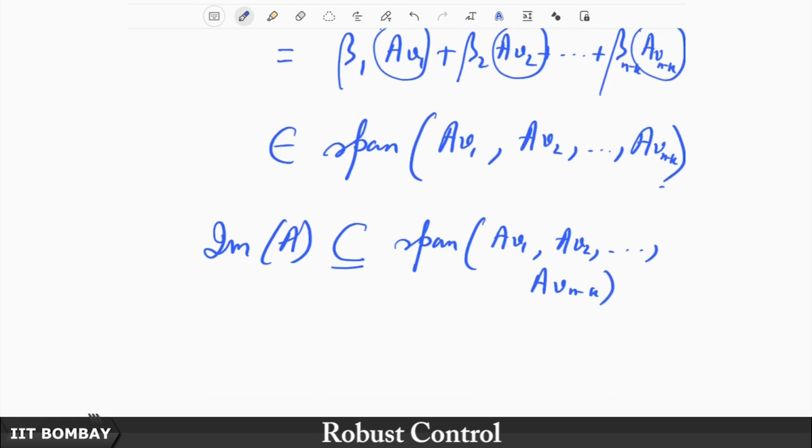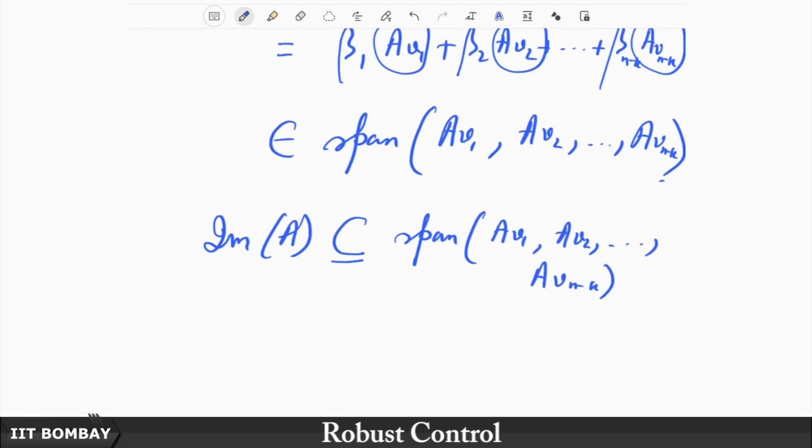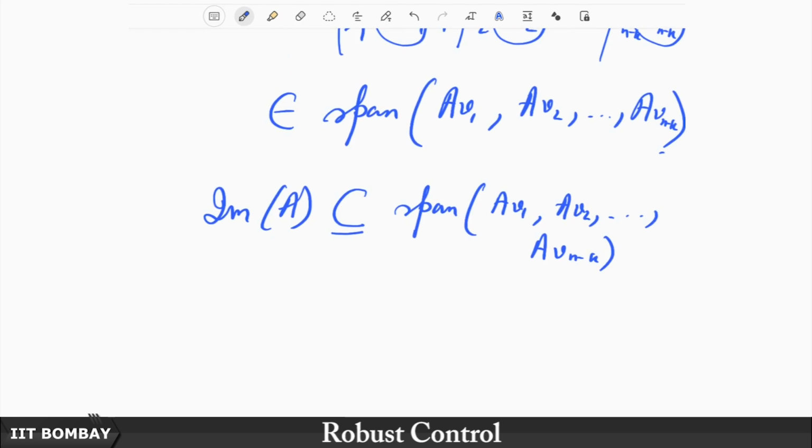Now remember, the span is a vector space. So how many vectors does this contain? It contains n minus k vectors. Now the dimension of this vector space will be exactly equal to n minus k when each and every one of these is not redundant to this set. That is another way of saying that this set is linearly independent.